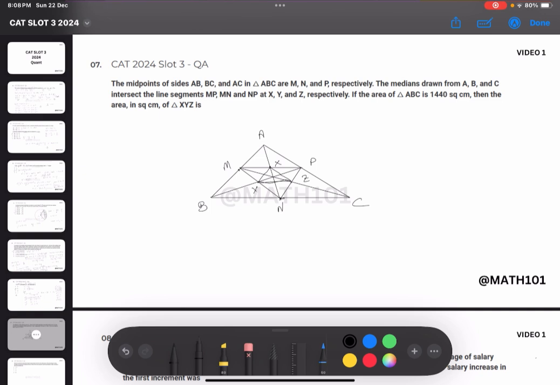So we know by the midpoint theorem that MP is parallel to BC. And thus we can say that triangle ABN is similar to triangle AMX, and triangle ANC is similar to triangle AXP.